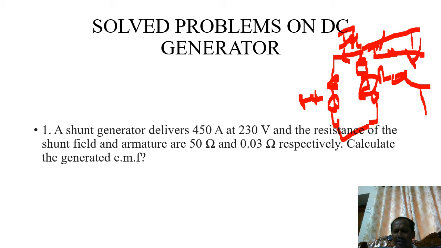Then you can calculate the shunt field current ISH is equal to V by RSH, and IA is equal to ISH plus IL, and RA is given. There, IA RA is the armature drop. Now you will get the generated voltage EG. Substitute that in the equation and you can solve that problem.